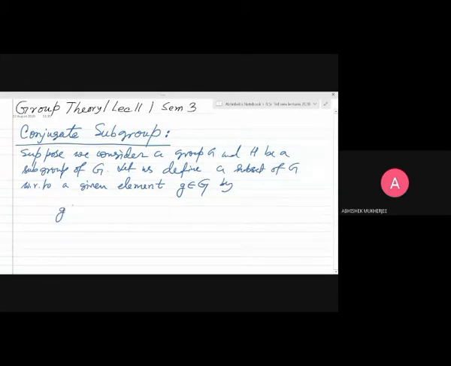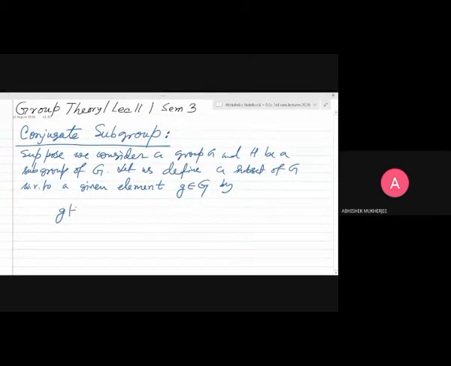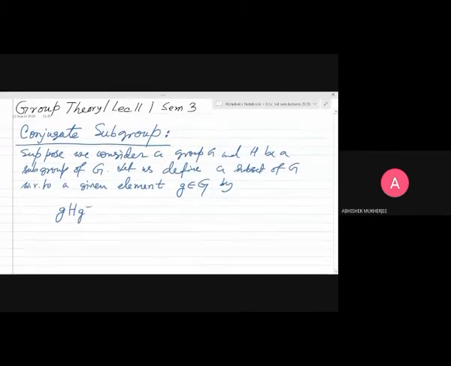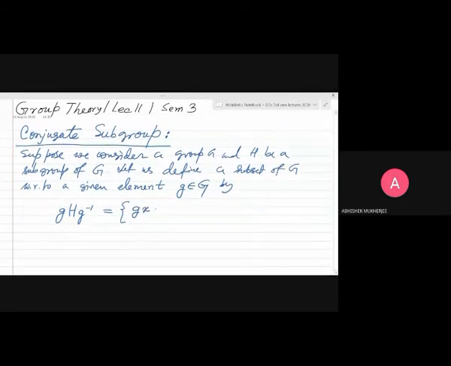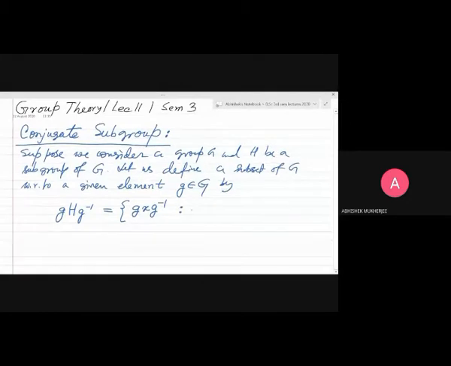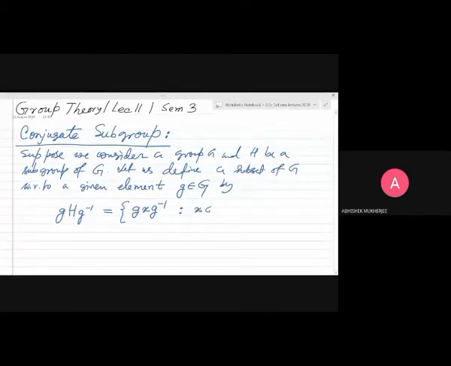So what is the definition? The notation is like that: G H G inverse, but it defines a set consisting of the elements of the form G X G inverse, where X belongs to capital H.